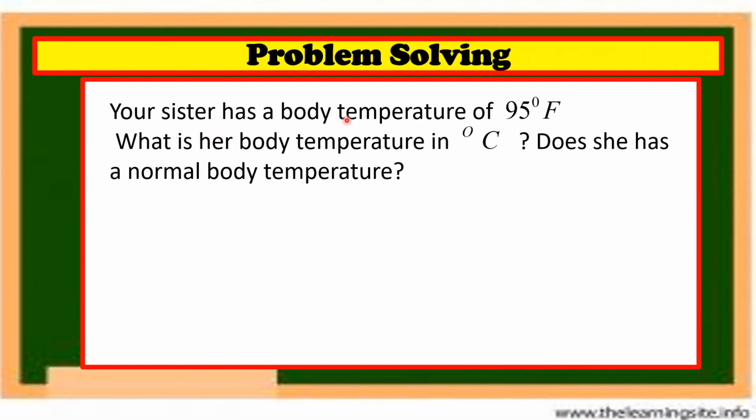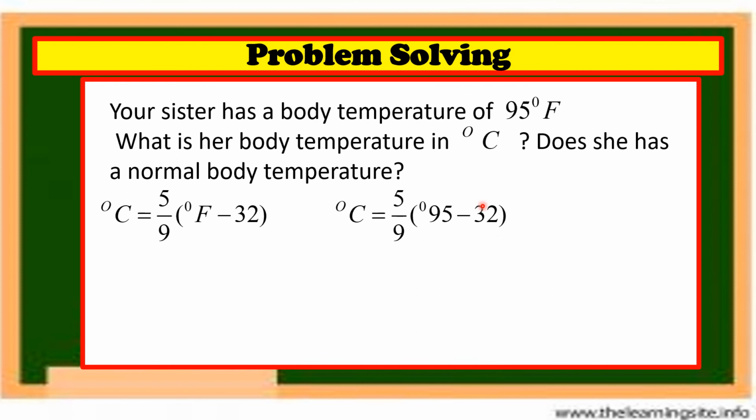Your sister has a body temperature of 95 degrees Fahrenheit. What is her body temperature in degrees Celsius? Does she have a normal body temperature? Degrees Celsius equals 5/9 times degrees Fahrenheit minus 32. Degrees Fahrenheit is 95. 95 minus 32 is 63.